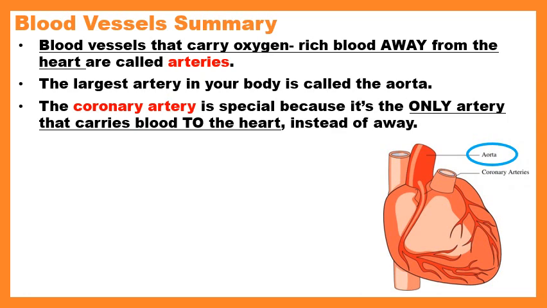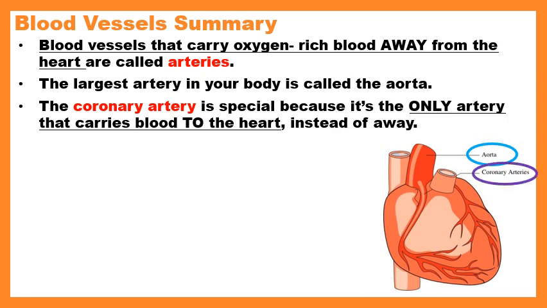So I said that A for artery, A for away, and most arteries, 99% of the arteries will take blood away from the heart, but the coronary artery is the only artery that takes blood to the heart instead of away. If you ever hear the word coronary, like maybe in a TV show or at the doctor's office, you can always think of heart.